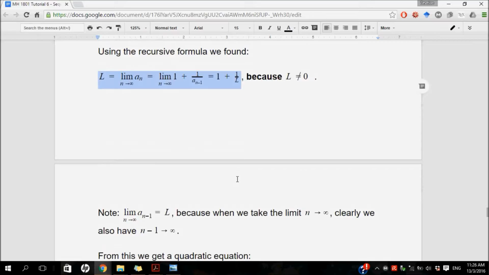The thing to note here is that the limit for an minus 1 is also going to be L. And the reason is, when we take the limit as n tends to infinity, n minus 1 is also being sent to infinity as well. So as we take n to infinity, an would proceed to the limit L. And similarly, n minus 1 heads towards infinity, and so an minus 1 is also heading in the same direction as an, which is to the value L. That explains why we have just such a formula.